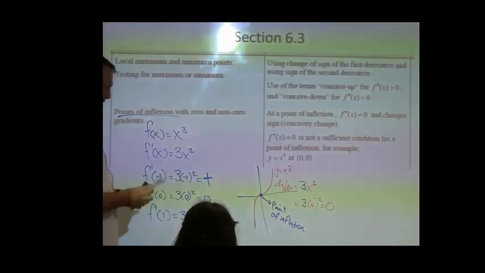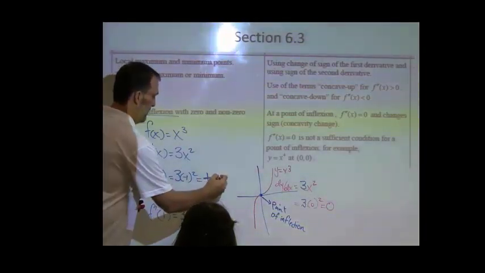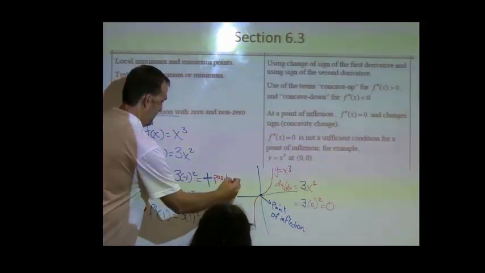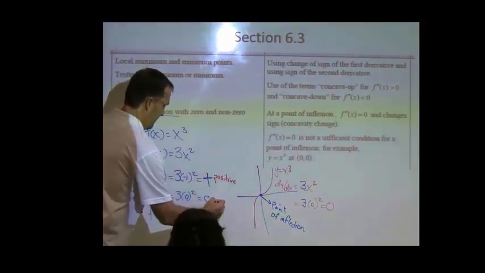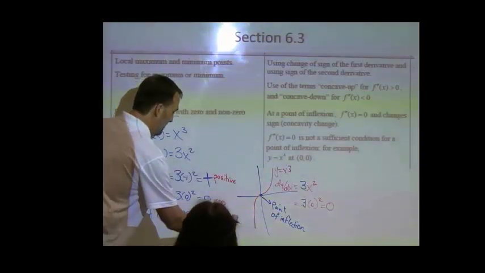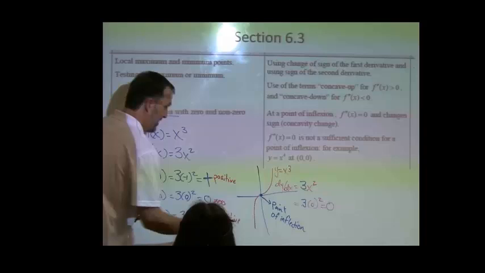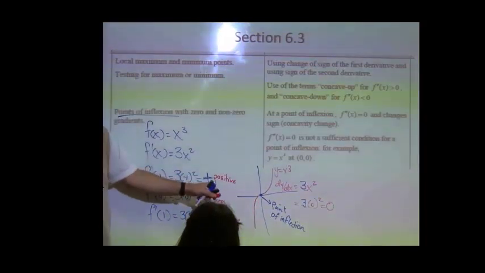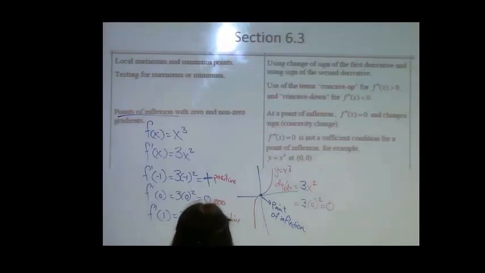There's your 0, and then positive again. The same is true if it's negative, 0, negative, and it's still an inflection point. Okay?